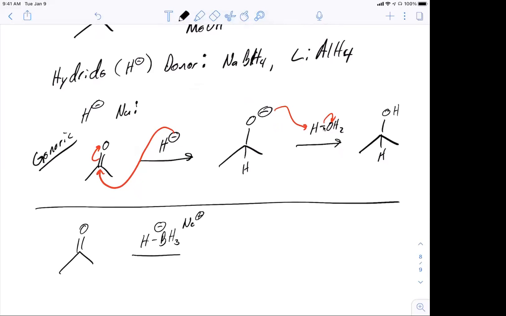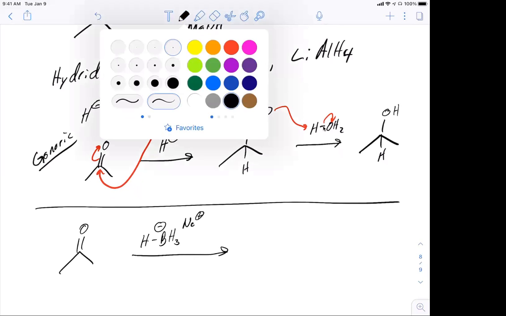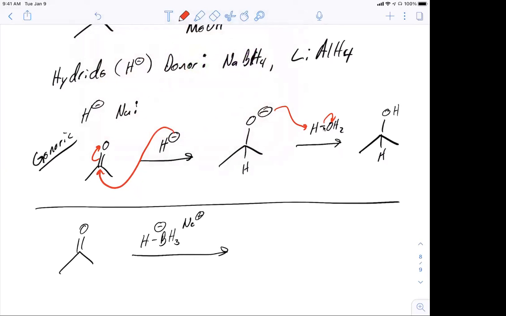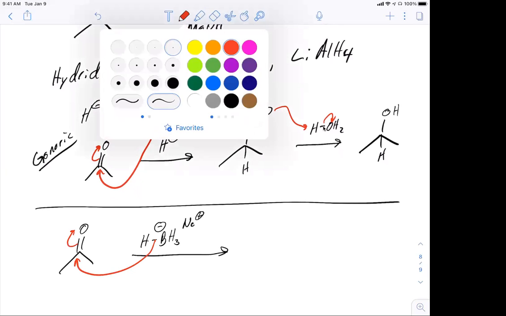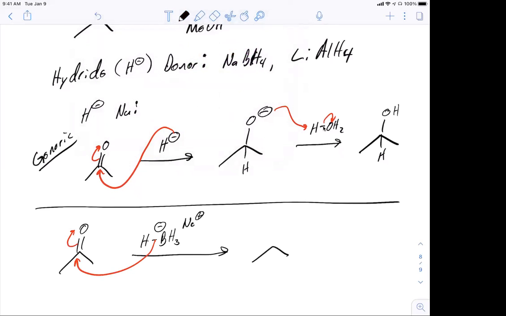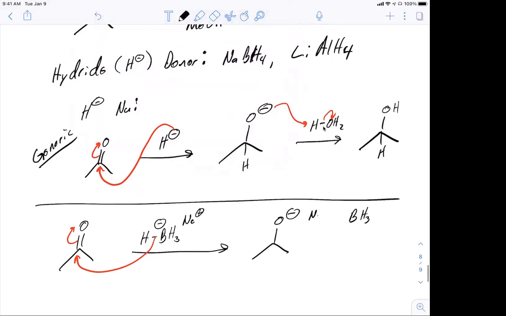So if we look at this specific one, first step, we have the hydride attacking the carbonyl, lone pair goes up. This results in the BH3. If we wanted to show the counter ions, we could.